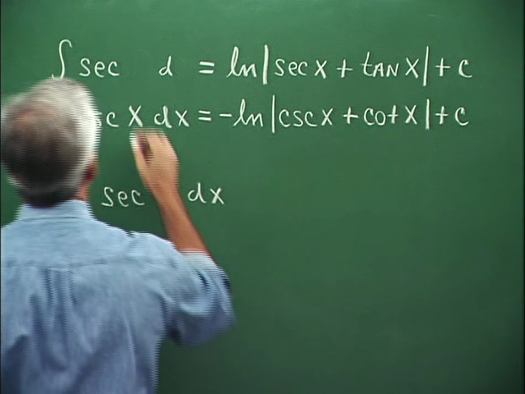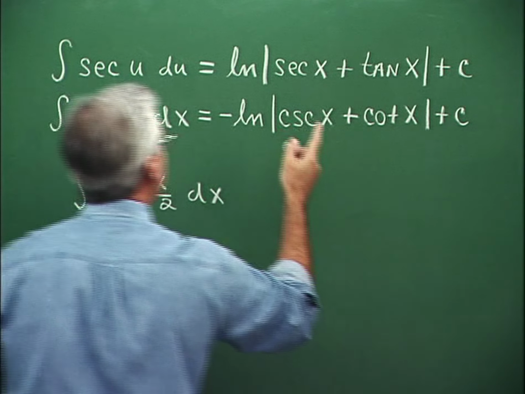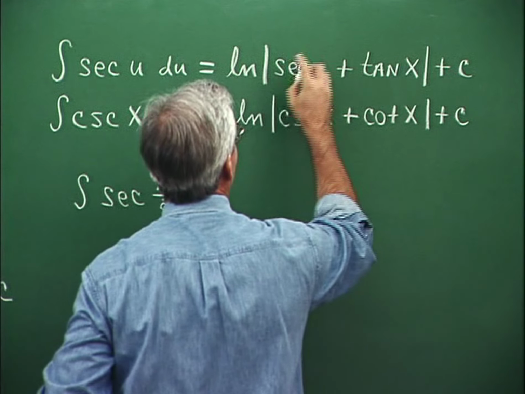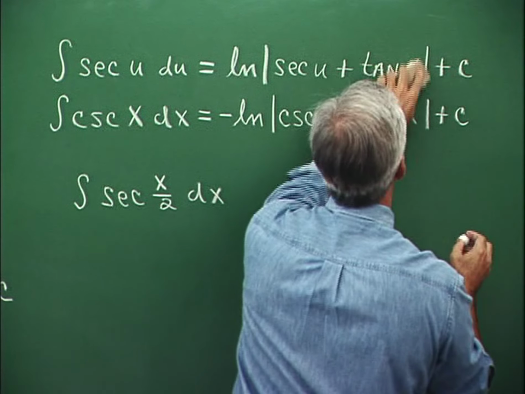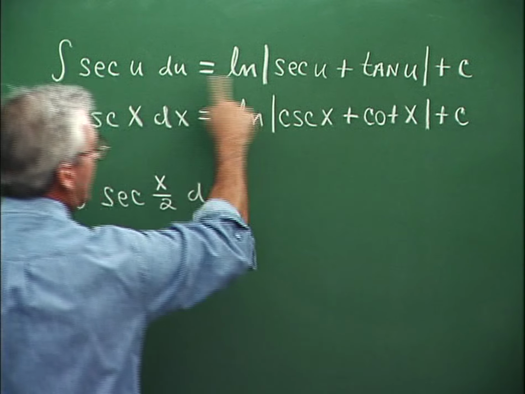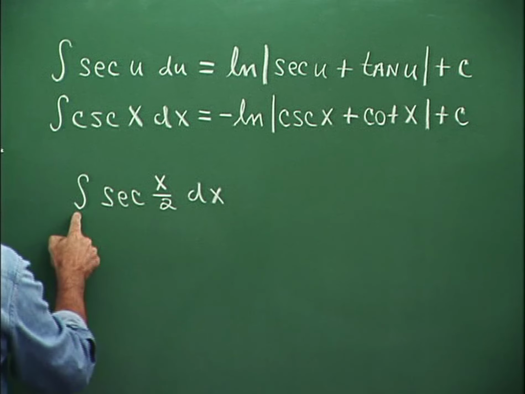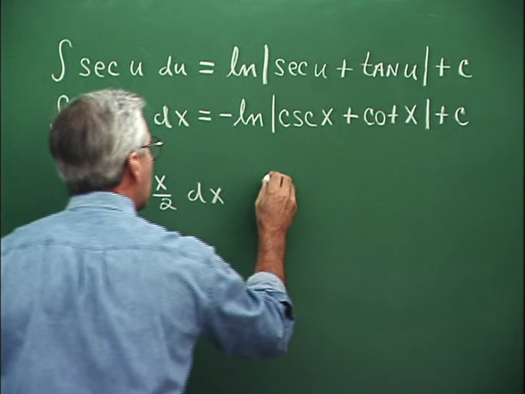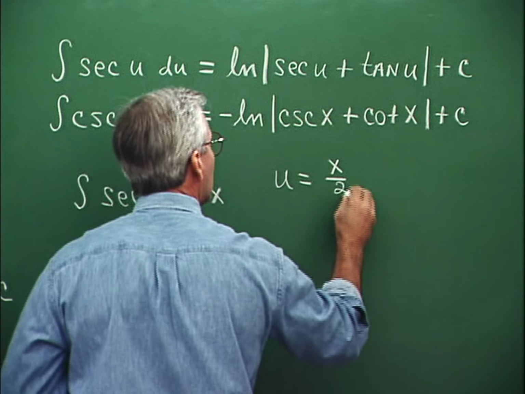This also applies to secant u du, which equals natural log absolute value secant u plus tangent u plus a constant. And it's helpful to think about it this way when we're looking at a problem like this. You see, we have the integral of secant x over 2 dx. Now we're thinking of the u as the x over 2.